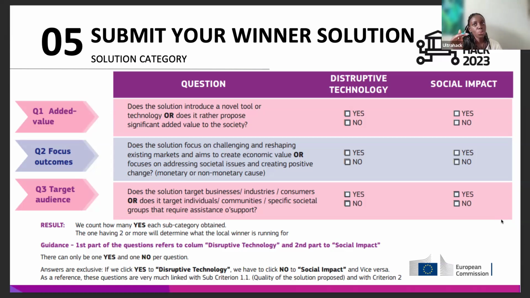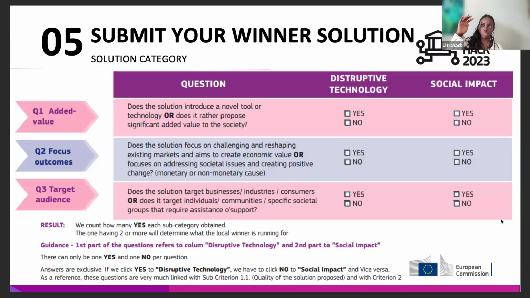Question 2: does the solution focus on challenging and reshaping existing markets and aim to create economic value, or focus on addressing societal issues and creating positive change? Monetary or non-monetary cost? And then we have question number 3, the target audience: does the solution target businesses, industries, consumers, or does it target individuals, communities, specific society groups that require assistance or support?